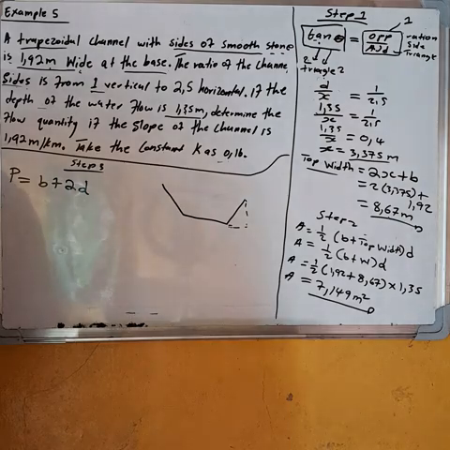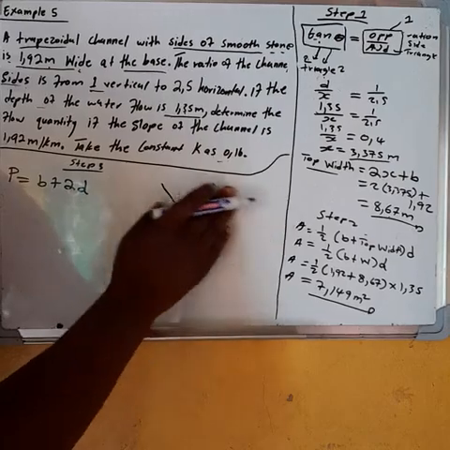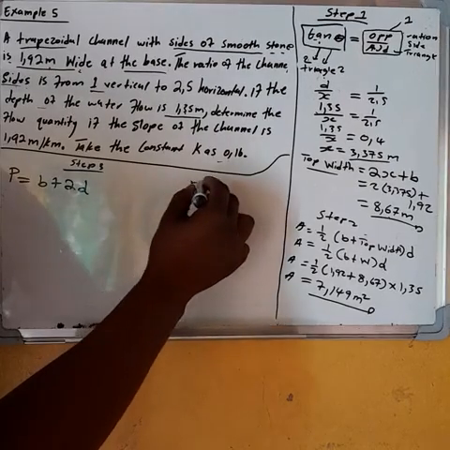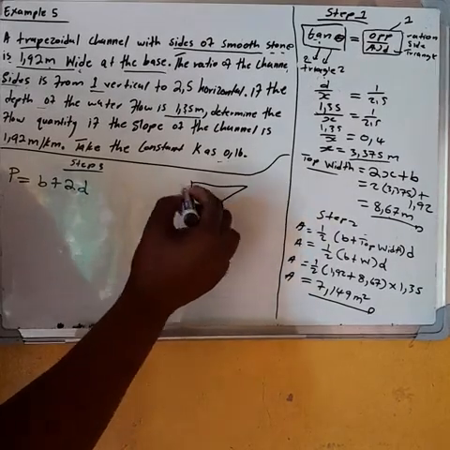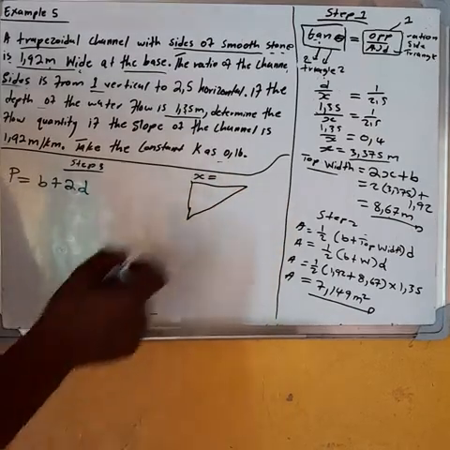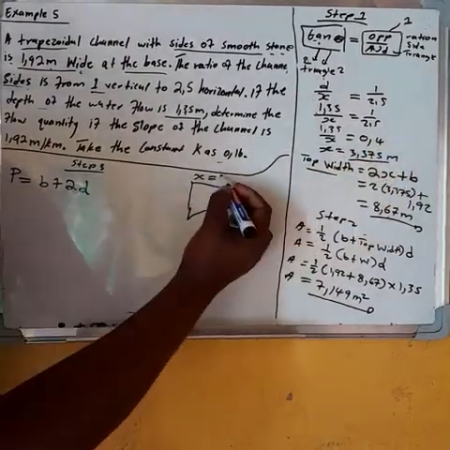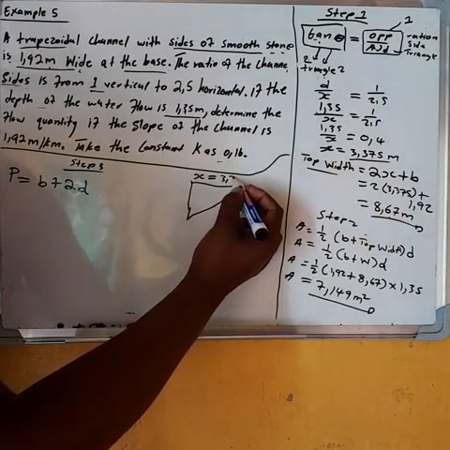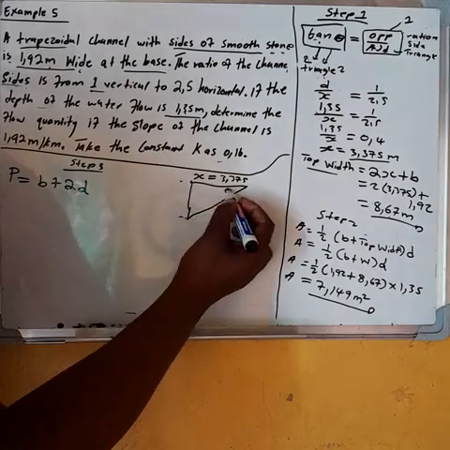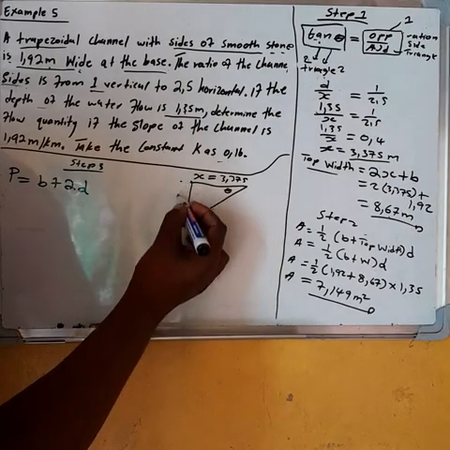We must apply the Pythagoras theorem from the biggest triangle, triangle 2. Triangle 2 was like this. Here is x, which you got its value. X is 3.375, and then here we have theta.